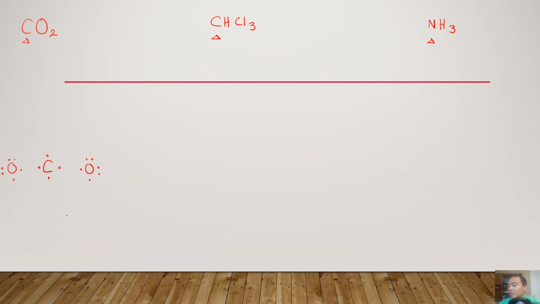Step 2, you fill the octet for outer atoms. Each oxygen has 6 valence electrons, so it needs 2 more valence electrons, which means you will connect outer atoms using a double bond. Here's how you connect. Starting from the outer atom, you connect the dots.